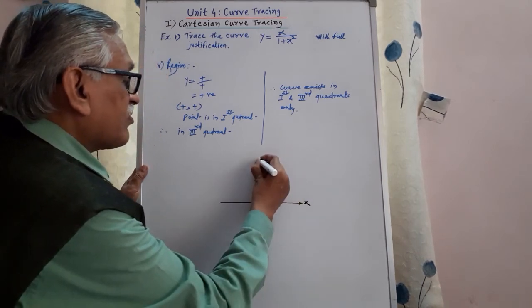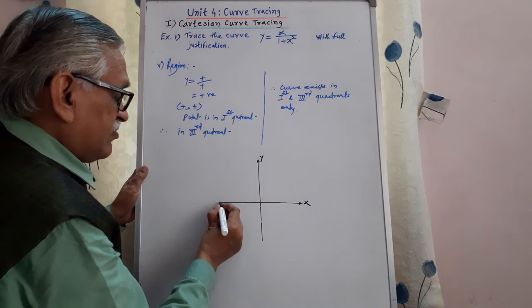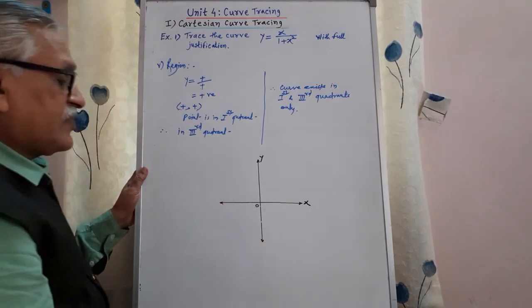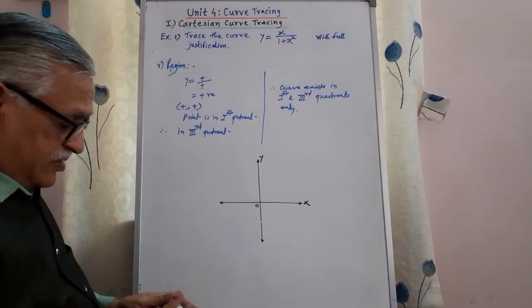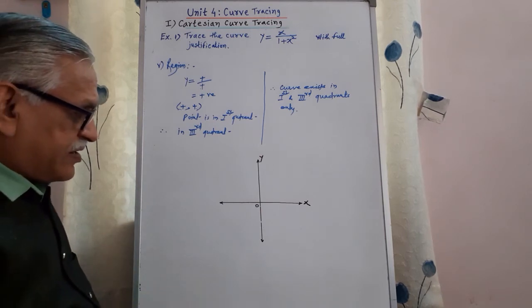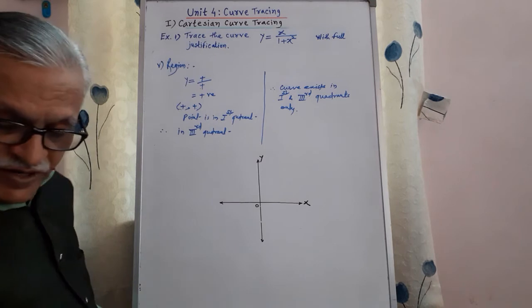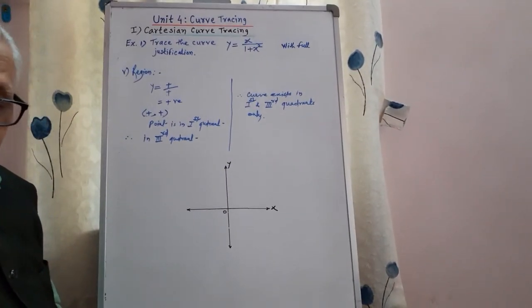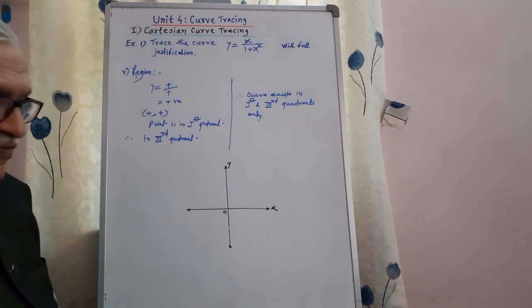X-axis, y-axis, origin. The curve is symmetrical about the line y equal to x. Therefore, we show that line y equal to x.